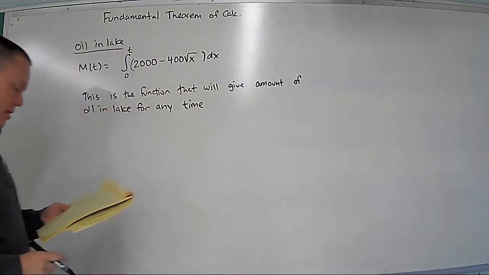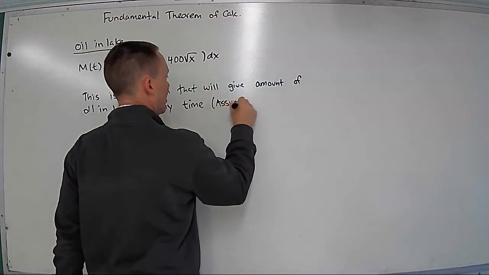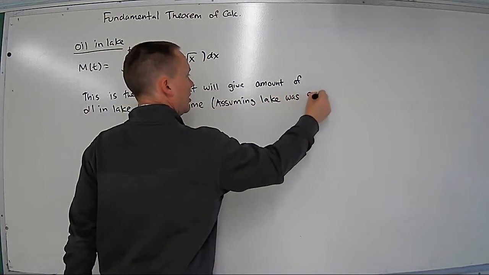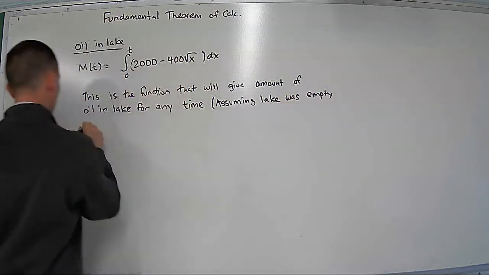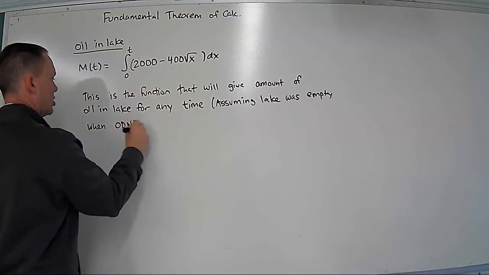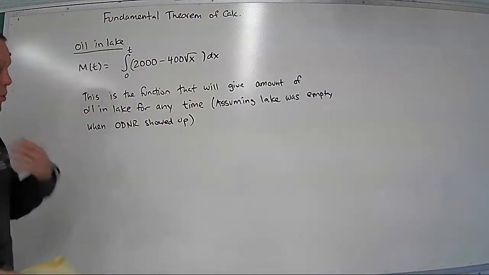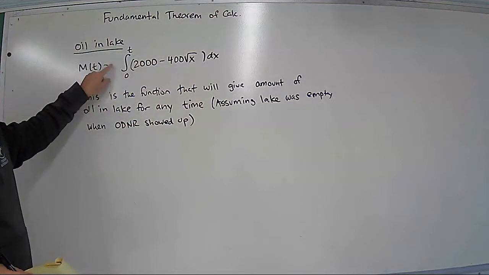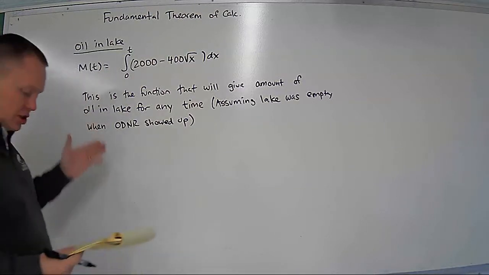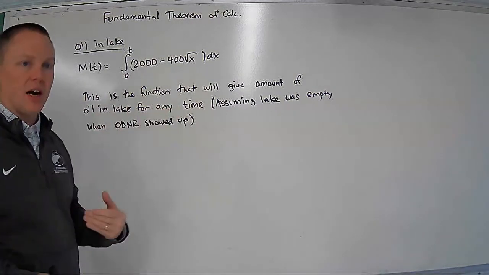And this function is assuming the lake was empty when O, D, and R showed up, when the pump was turned on. If it wasn't empty, we would have a number out here, like however much oil was in the lake when we started the pump. But this is a function that will give the amount of oil in the lake for any time. Okay?